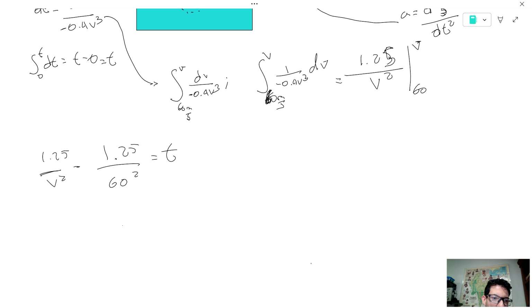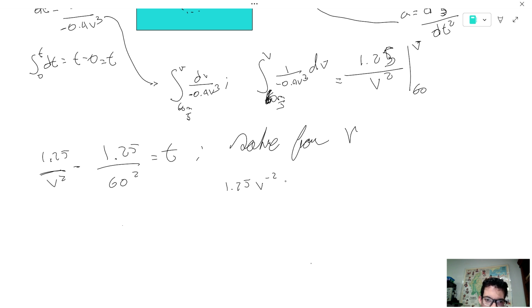All right, so we have 1.25 over v squared minus 1.25 over 60 squared equals t, which comes from up here, right? This is the other side of the equation. So solving for v, we have 1.25 v to the negative 2. Remember from math, this is 1 over v squared.